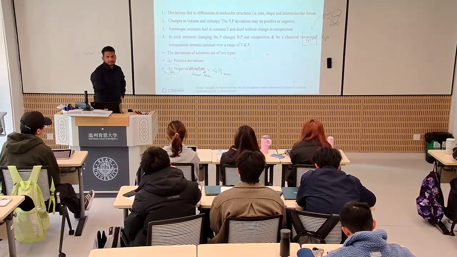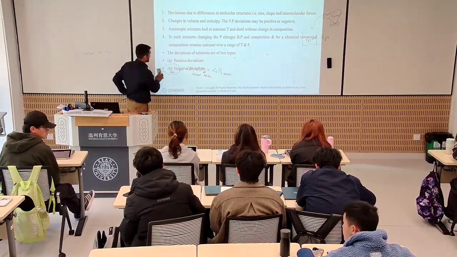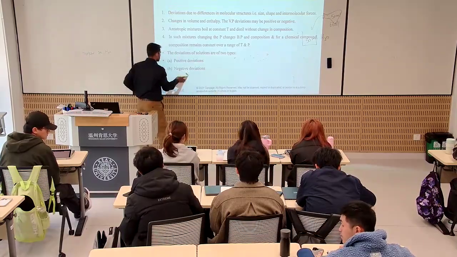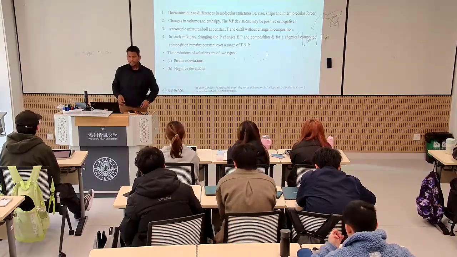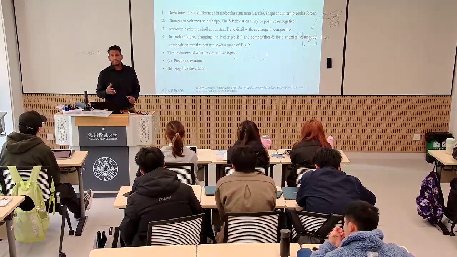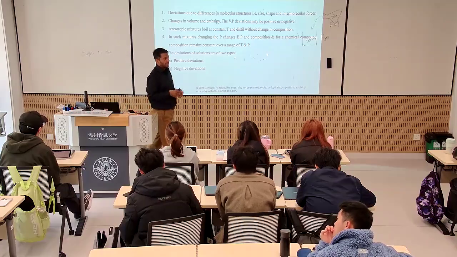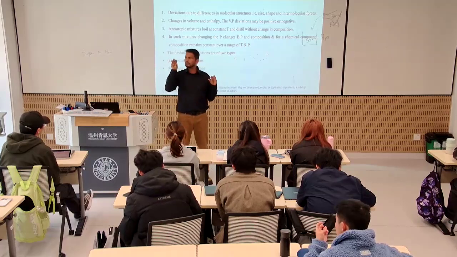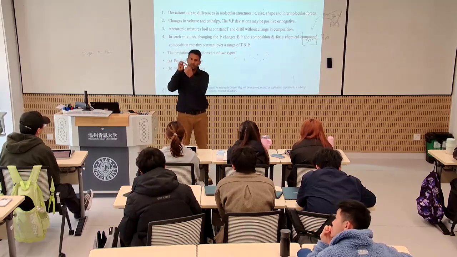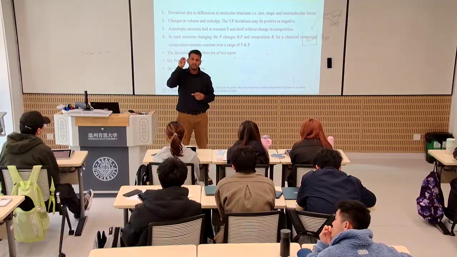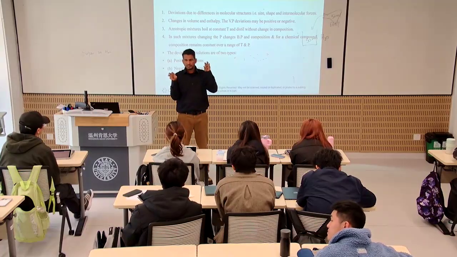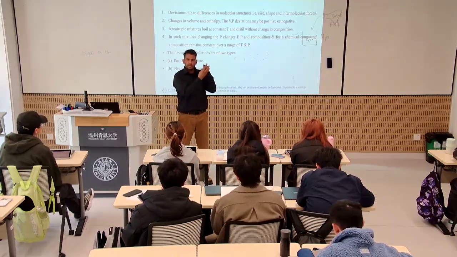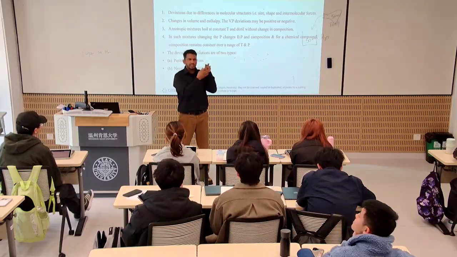For example, these are solvent molecules. They have intermolecular forces. They need 10 joules of energy to break. These are solute particles. For example, they need 10 joules of energy to break them.